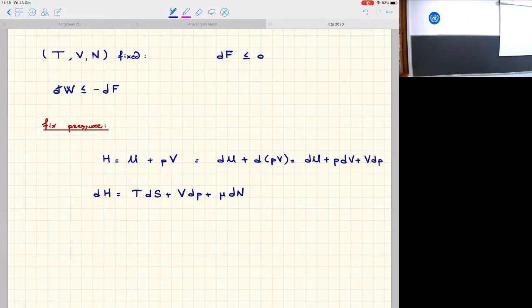Now you substitute the expression for the U, which is TdS minus PdV plus mu dN. Now the minus PdV goes with the plus PdV, and what you're left with is only this. You agree? I substitute here the expression: this is equal to TdS minus PdV plus mu dN.